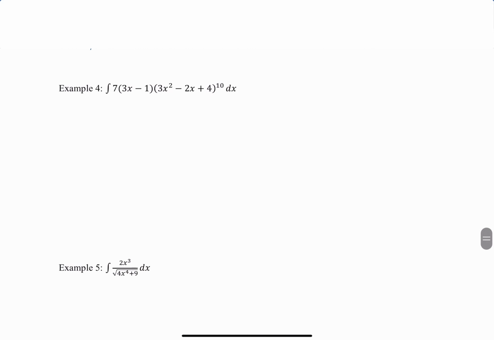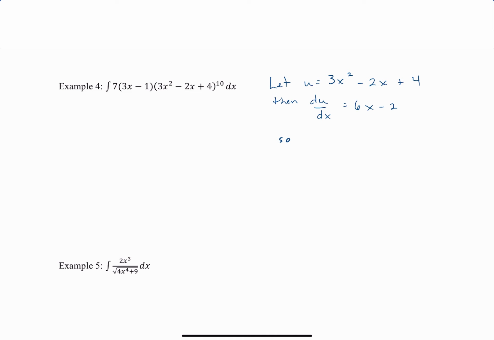Okay, so I'm going to let u be 3x squared minus 2x plus 4, because that's the base on the exponent 10. Then that means that du/dx would be 6x minus 2. So du would be 6x minus 2 dx, if I multiply both sides by dx.